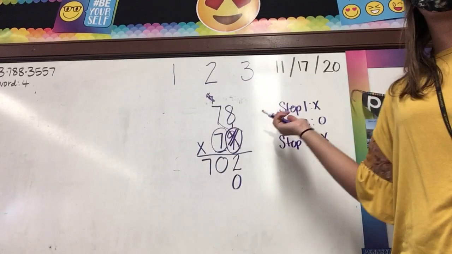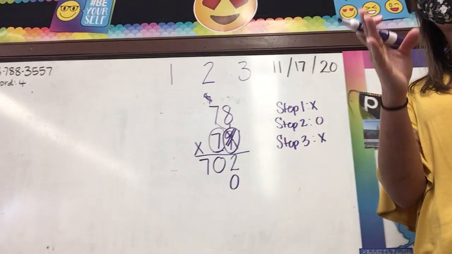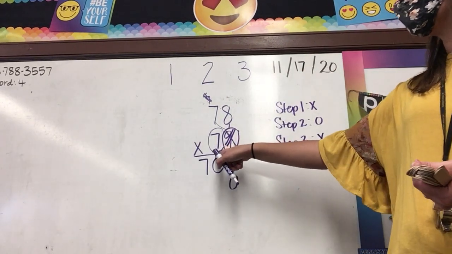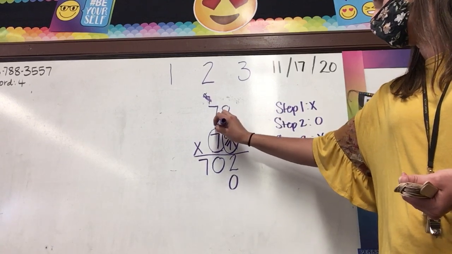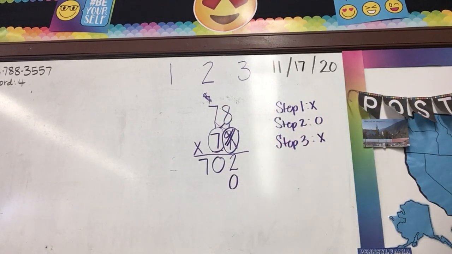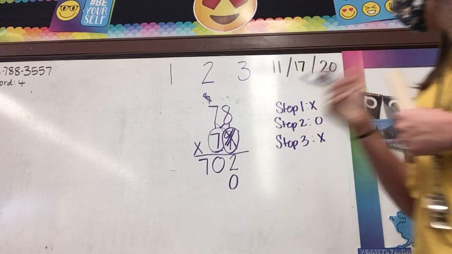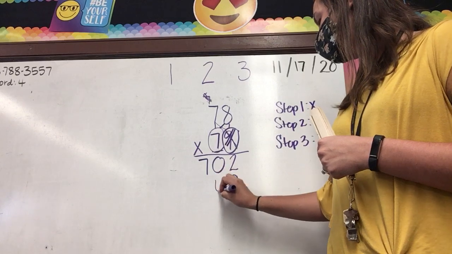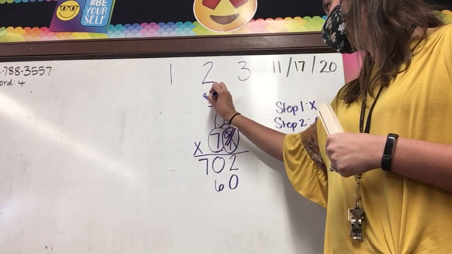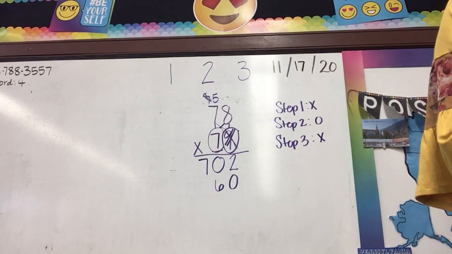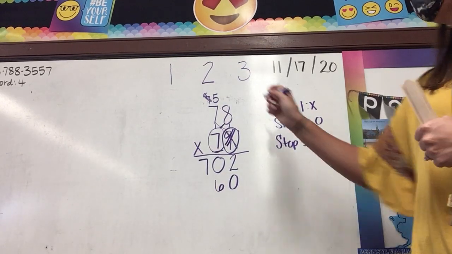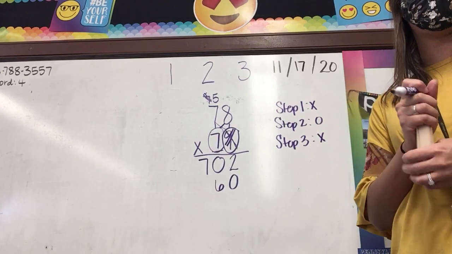Step 3 is to multiply. Just in the same order, right, Jaden? What am I going to take? I'm going to take 7 times what first? Good. 7 times 8, and then 7 times 7. And 7 times 8, Zachary? 7 times 8 is 56. Good. I'm going to carry my 5. 7 times 7, Cannon? 49 plus 5.